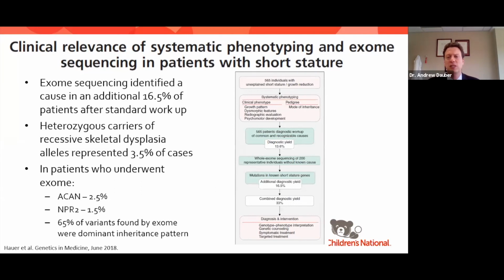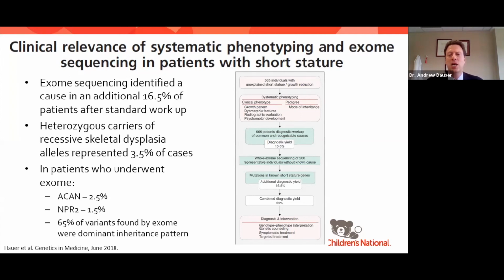They took 565 kids where they did what they called systematic phenotyping. They came to a growth clinic where there was an endocrinologist and a geneticist, and they did a targeted workup, including chromosomal microarrays and targeted testing for patients who they thought had a specific condition. They were able to identify a genetic cause in 14%.